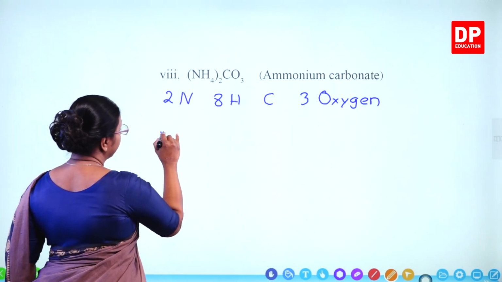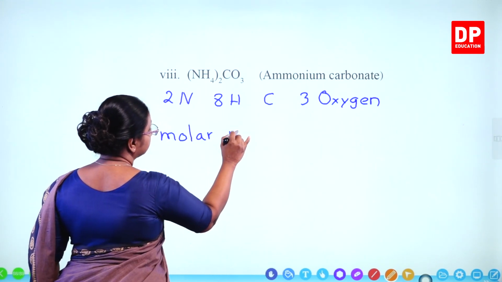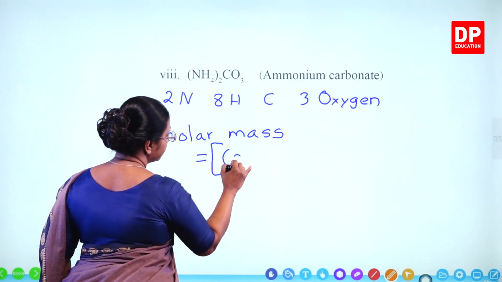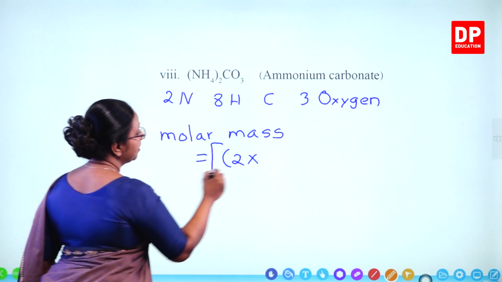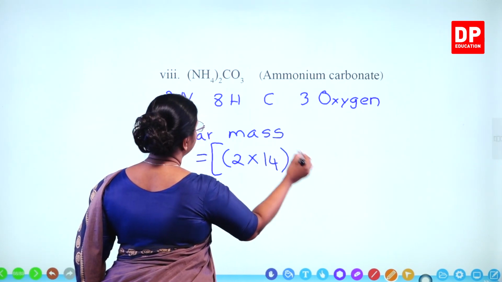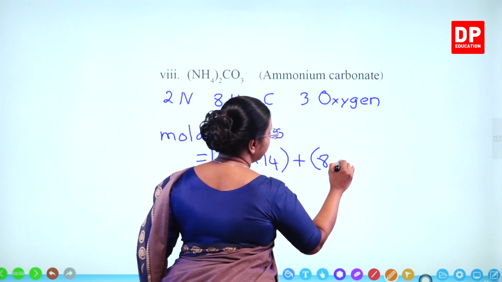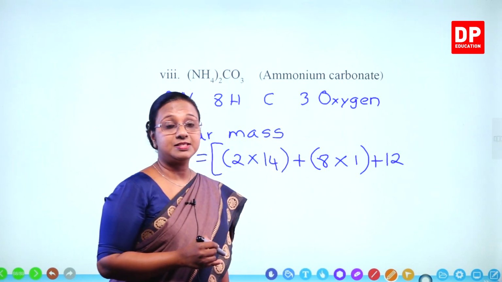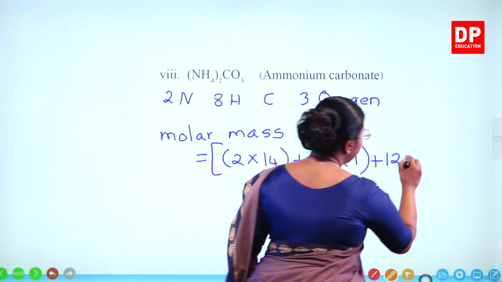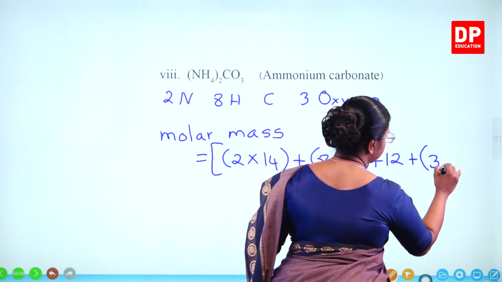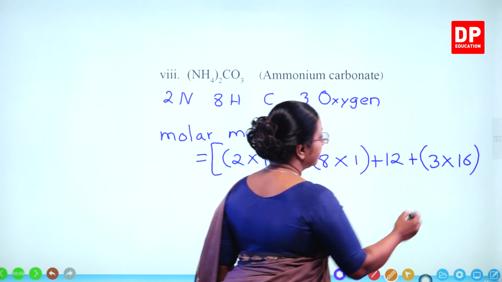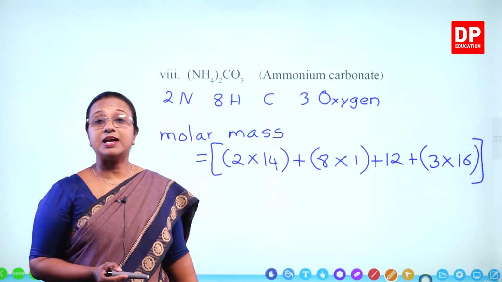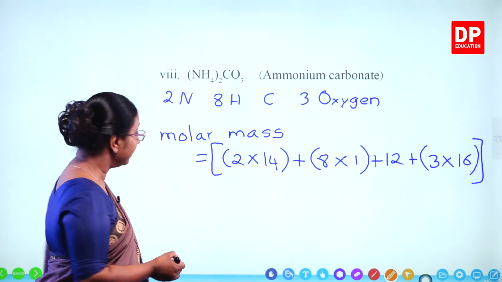Then we need to calculate the molar mass. Nitrogen, there are 2. So, what is the RAM? 14. 2 into 14 plus hydrogen, there are 8 into 1. Then carbon, there's only 1. So, 12 is the relative atomic mass. You write that there. Then what do we do? There are 3 oxygens. So, 3 into 16, the relative atomic mass of oxygen. Here, I am not going to write the unit there. I will write it at the end.